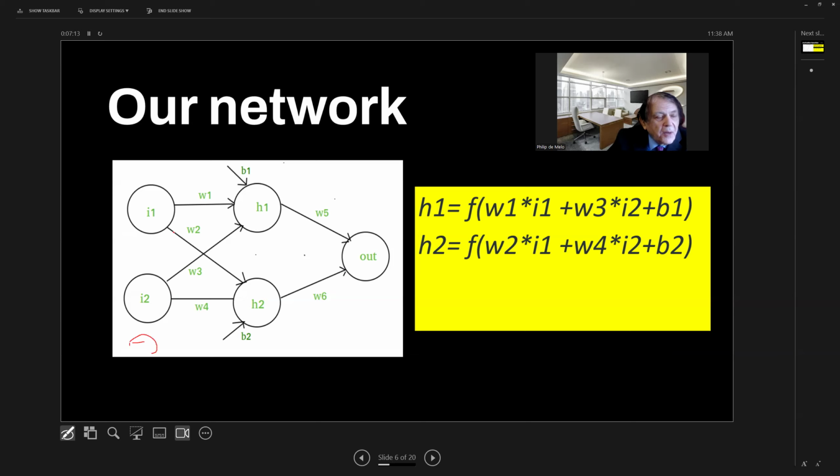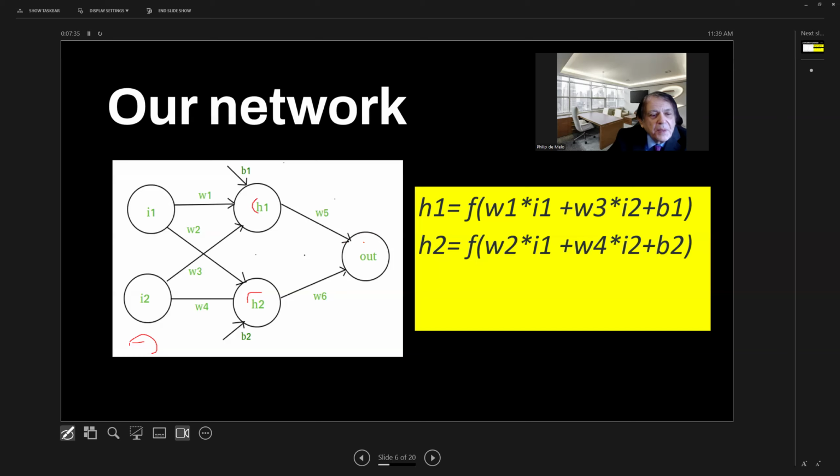So imagine now that we have another layer of neurons, H1 and H2. Why is it H? I is input, H is hidden, so this is the hidden layer. And we have only one layer, just for simplicity.